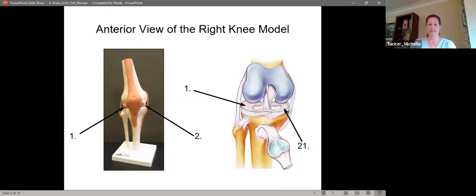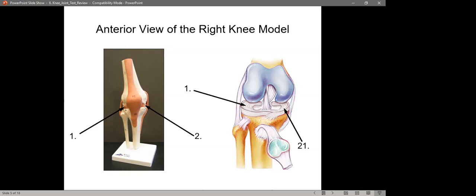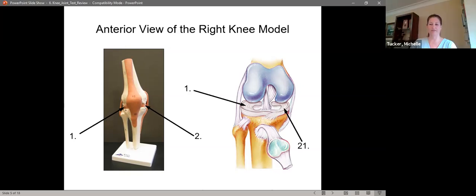Okay. So this is looking at the knee from the front. Which number is the lateral meniscus? 1. And that makes the medial meniscus number 2. I know, it's a little confusing, but it should just be the number 2, as shown over here.